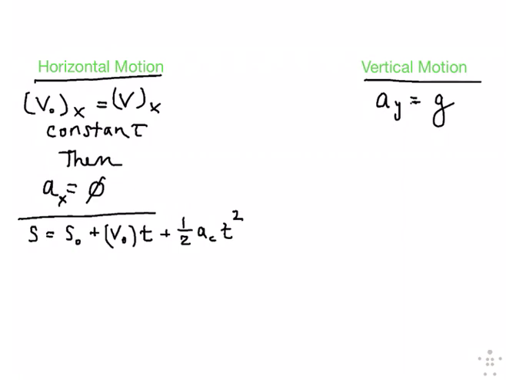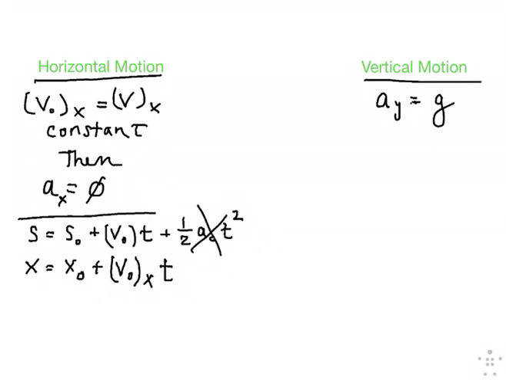So now we're going to replace the s's with x, because x is our horizontal direction. So we're going to say x is equal to x sub 0 plus the initial velocity in the x direction times t.